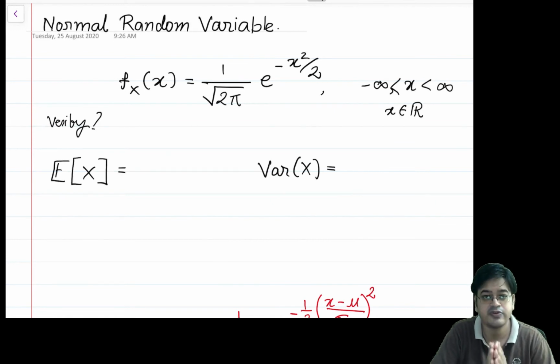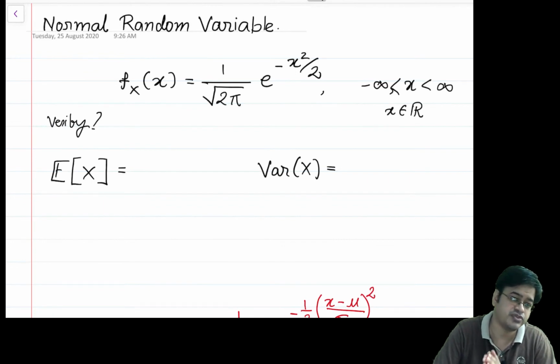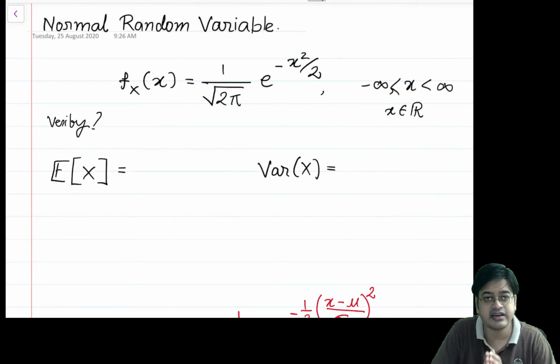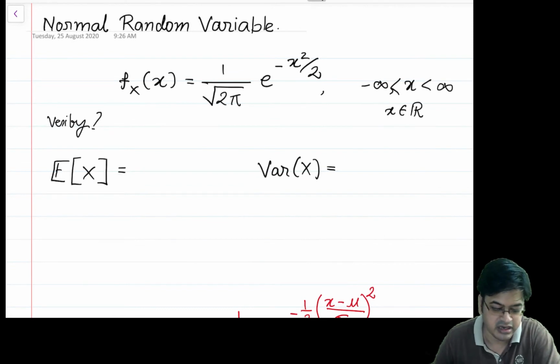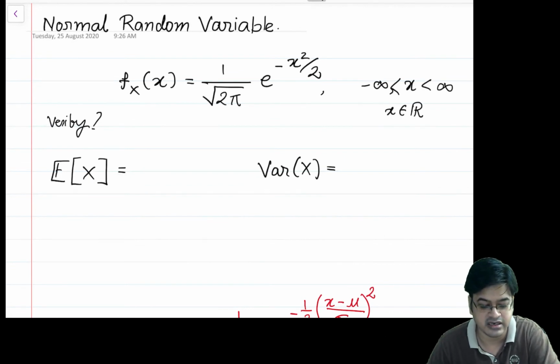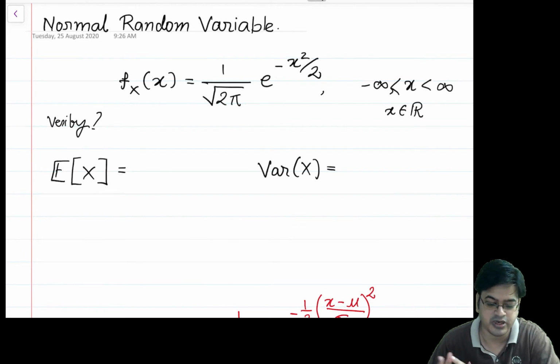If you scale that sum by shifting the mean to 0 and dividing by the standard deviation of the sum, then what you get is this particular density, and that you will study in some time. After a few classes you may study that result, which is the popular result known as the central limit theorem.